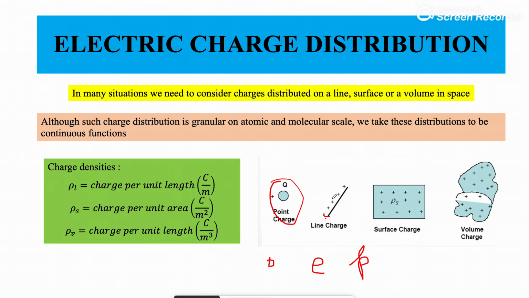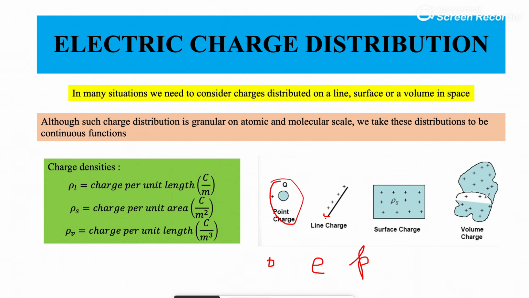However, because of the large number of molecules, the large number of atoms that are involved, one can forget that discrete nature and talk about a continuous distribution of charge. So just like water flow, charge flow, or charge is distributed on a line or surface or volume.